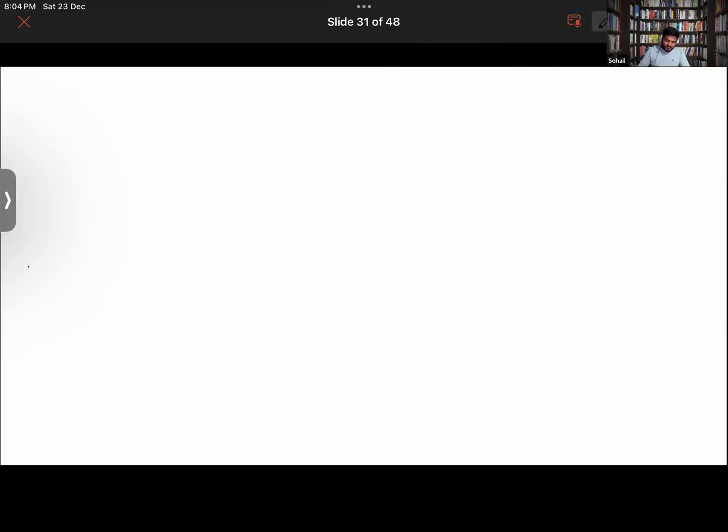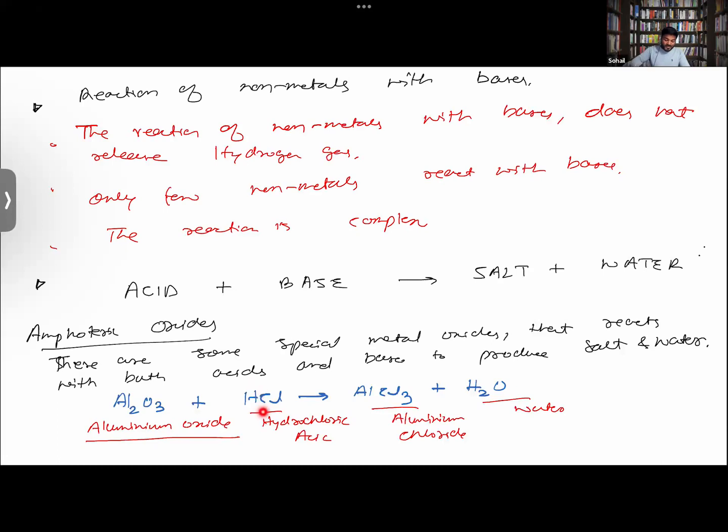So first of all, amphoteric oxides, we said, will be reacting with an acid and a base also. यहाँ पर acid के साथ react कर रहा है, and this aluminium chloride is salt. So you are getting salt and water. Second case, let's take the example of a base reacting with Al2O3.